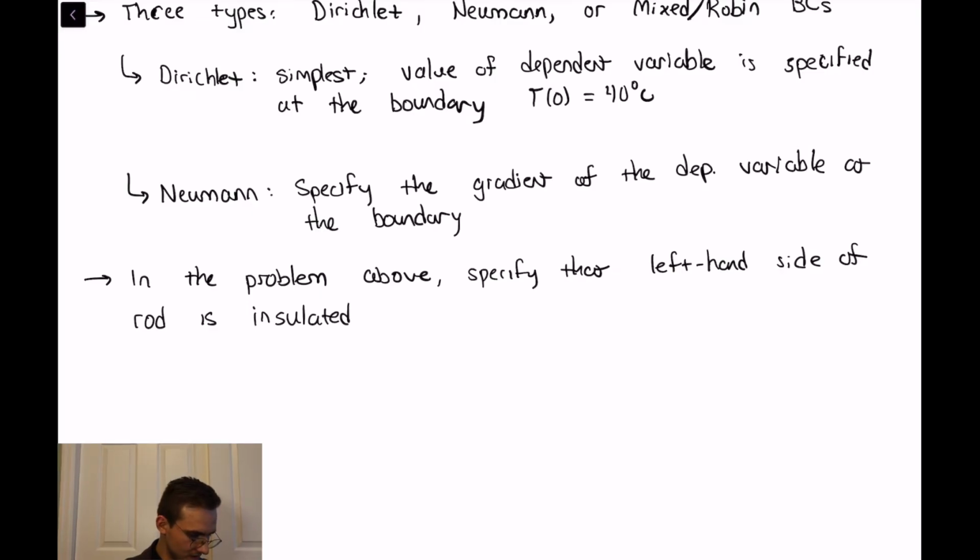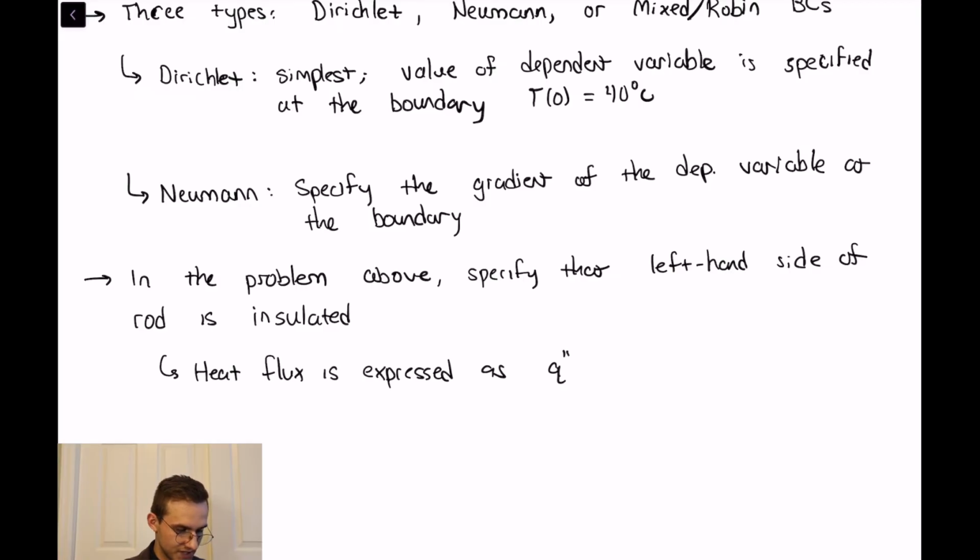Okay, so what that would mean is that there's no heat flux. So heat flux in this scenario is expressed as Q double prime. It's just a notation. There's no derivative being computed here.